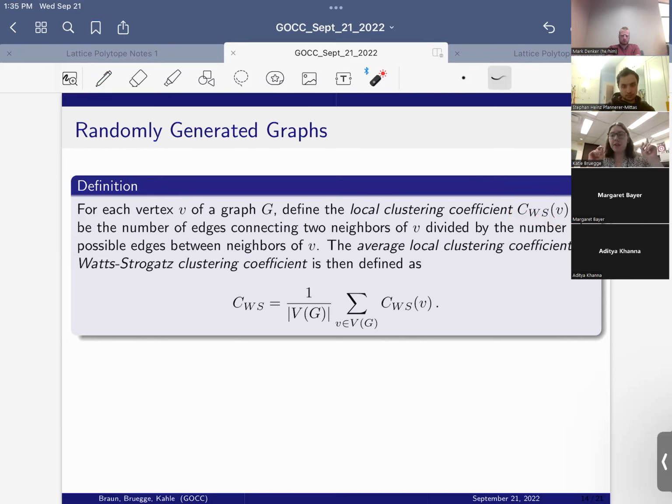And we can take the average local clustering of an entire graph by taking the average of the clustering coefficients for each vertex. In the book on networks that I read this in, this was called a measure of transitivity for a graph.